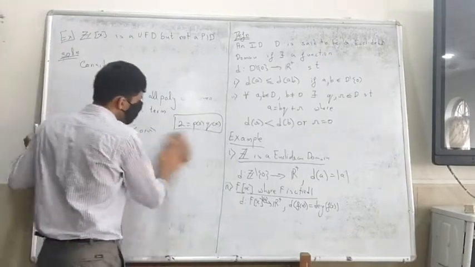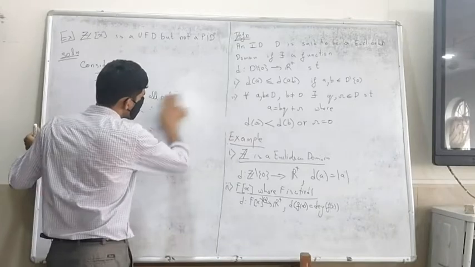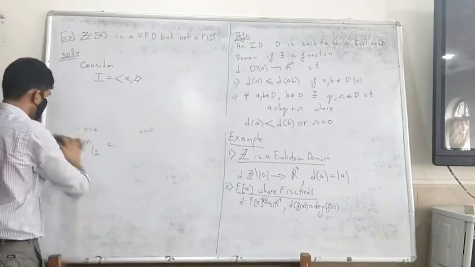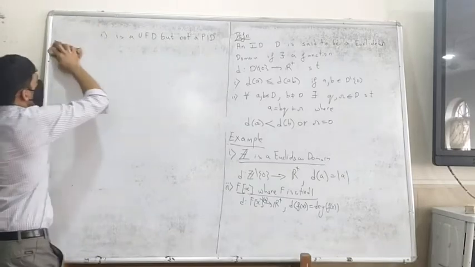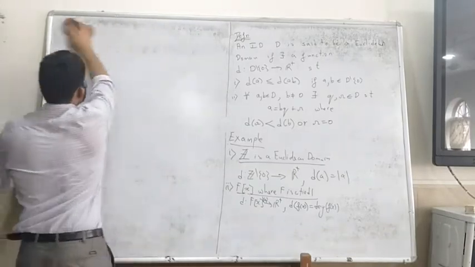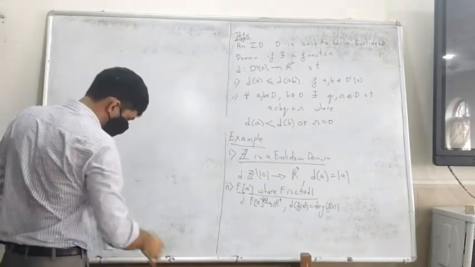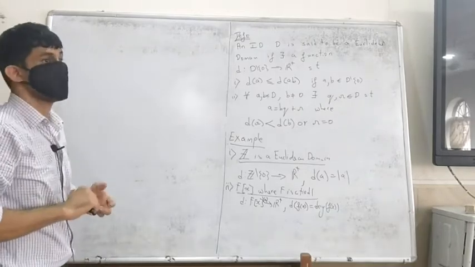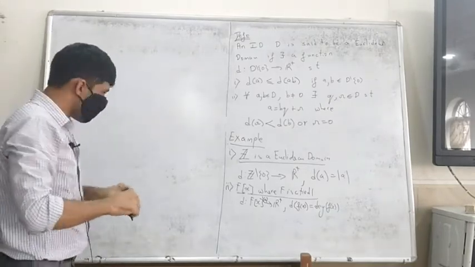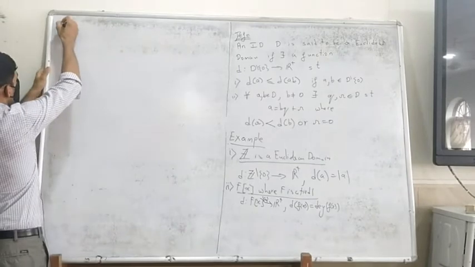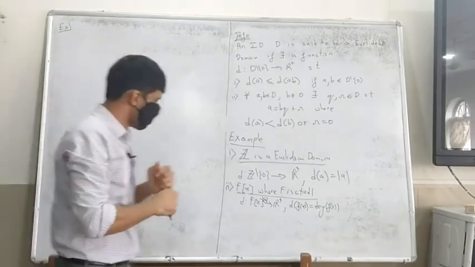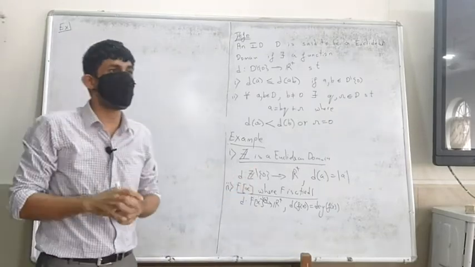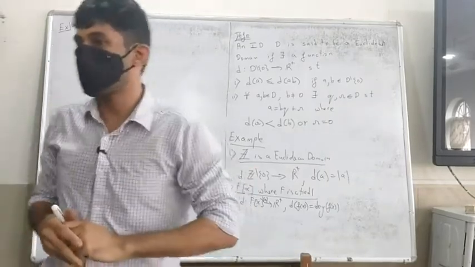We can try to catch hold of units in a Euclidean domain using the measure, kind of imitating what we did with that N function in Z[√d]. So let's see. What do you think? How would I be able to catch hold of the units depending on the measure?